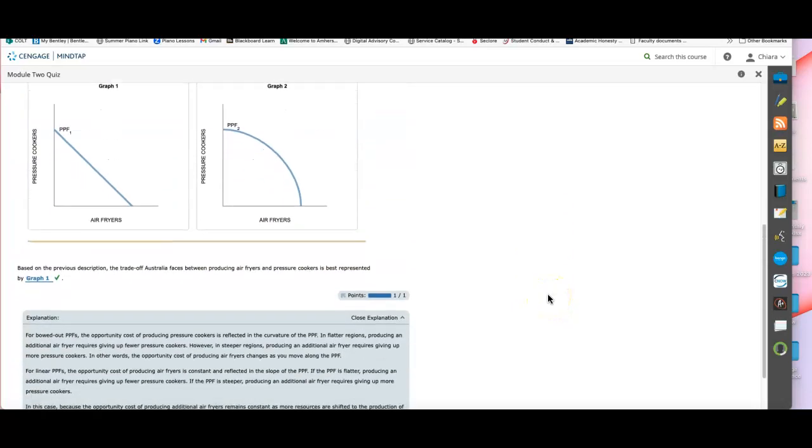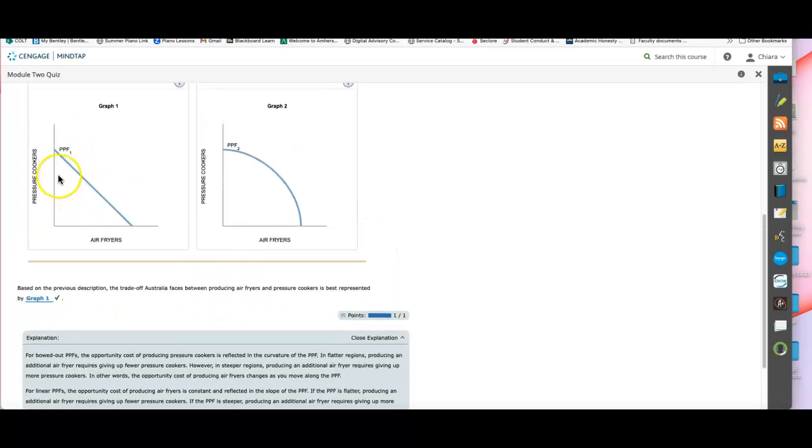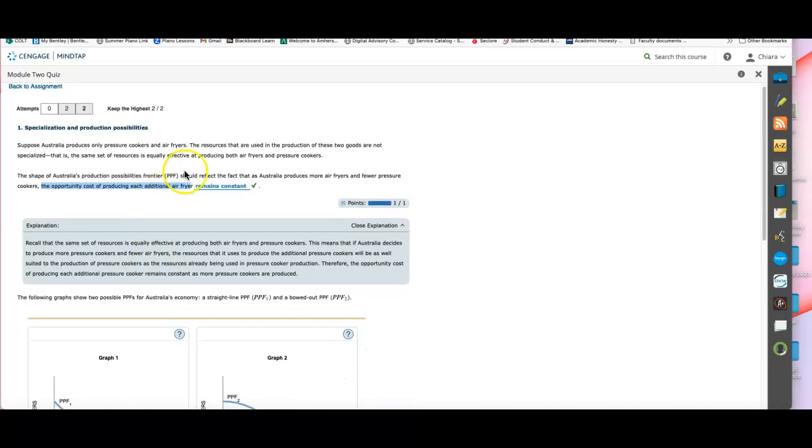Now moving on to question number 2. Based on the previous description, the trade-off Australia faces between producing air fryers and pressure cookers is best represented by graph 1, because we know it's a constant opportunity cost. If the question had said that the resources used in the production of the 2 goods are specialized, then we would have focused on graph number 2.